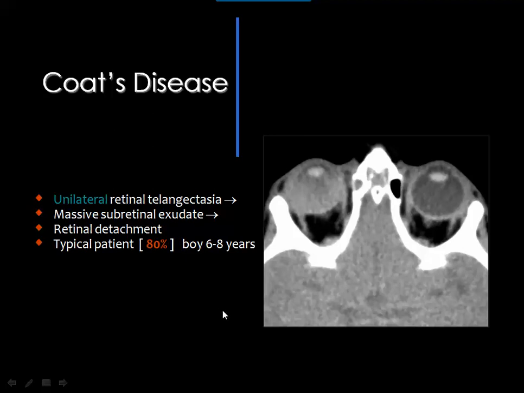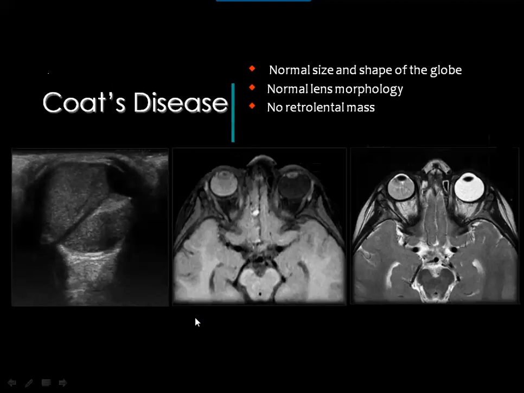Similar to the other two entities, the globe is increased in density and also in signal by MRI, but the globe is of normal size and the lens is usually normal. In cases of Coats disease, you get normal size and shape of the globe, normal lens morphology compared to the opposite one, and no retrolental masses or retrolental shadows.